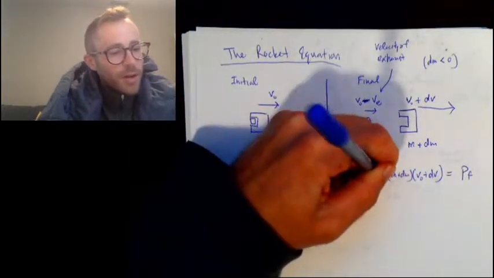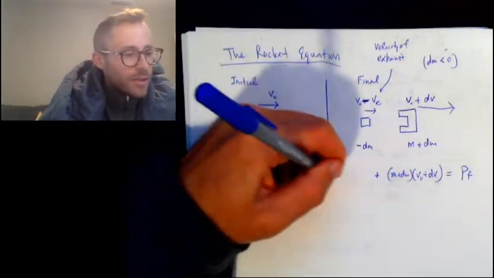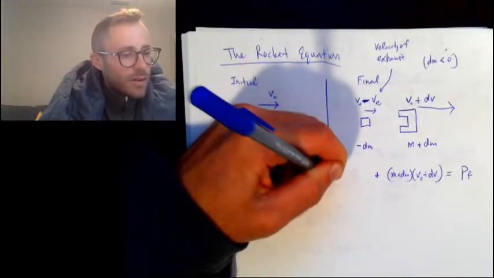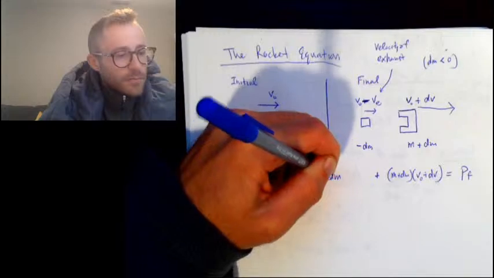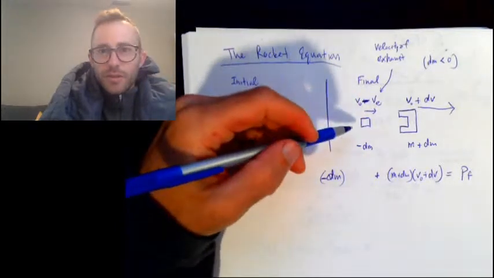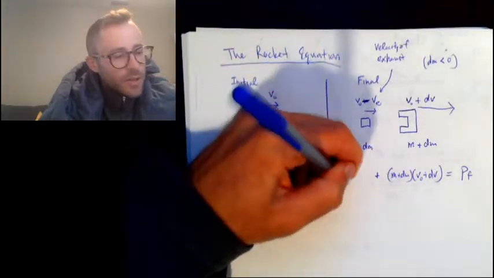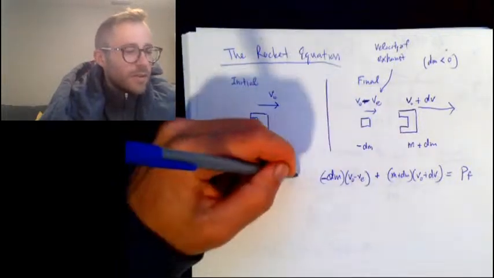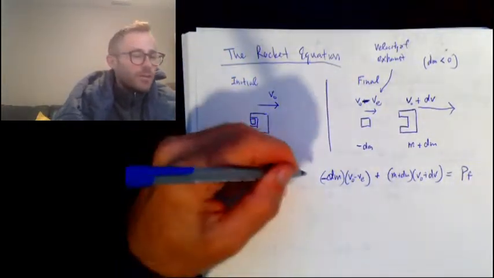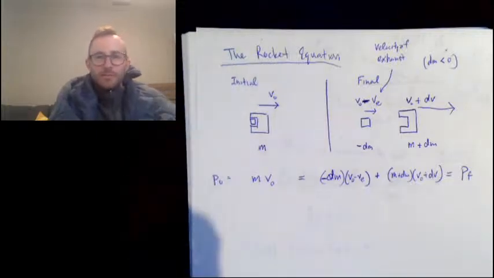The momentum of the exhaust is negative dm times (v initial minus v exhaust). Okay? And the initial momentum has to be equal to the final momentum.